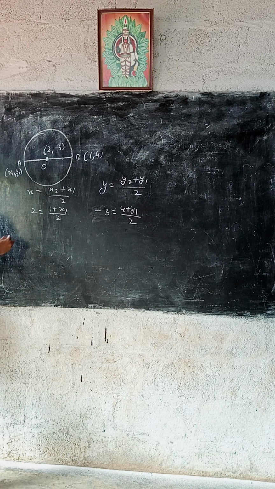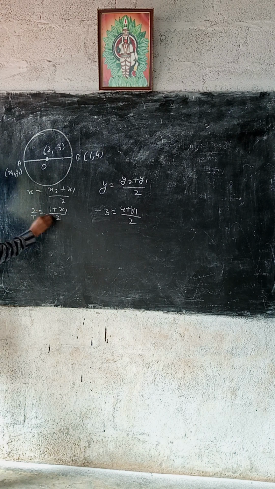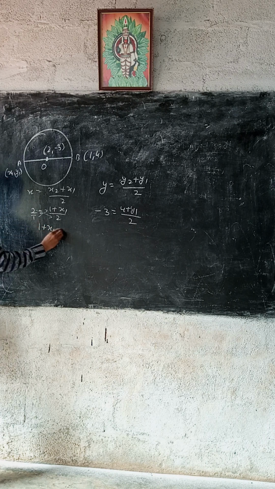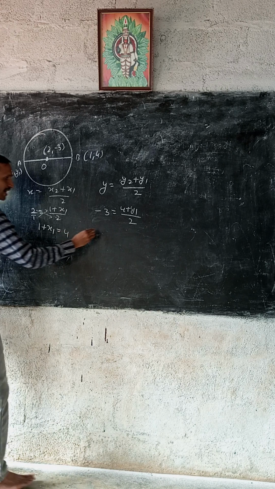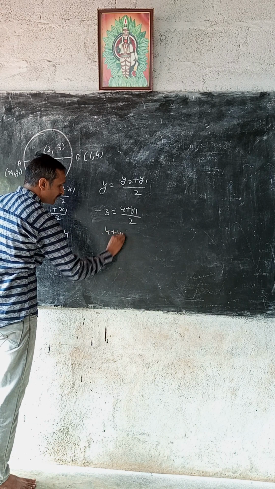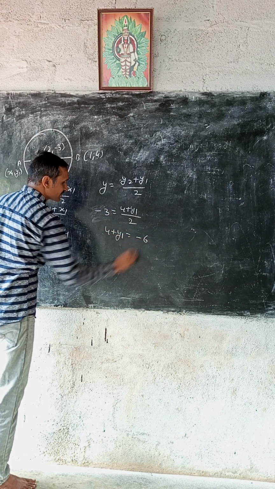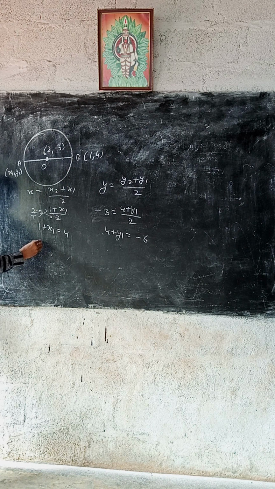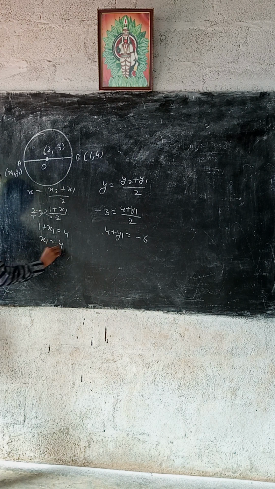Now by cross multiplication: 1 plus x1 is equal to 2 times 2, which is 4, and 4 plus y1 is equal to 2 times minus 3, which is minus 6. So x1 is equal to 4 minus 1, then x1 is equal to 3.